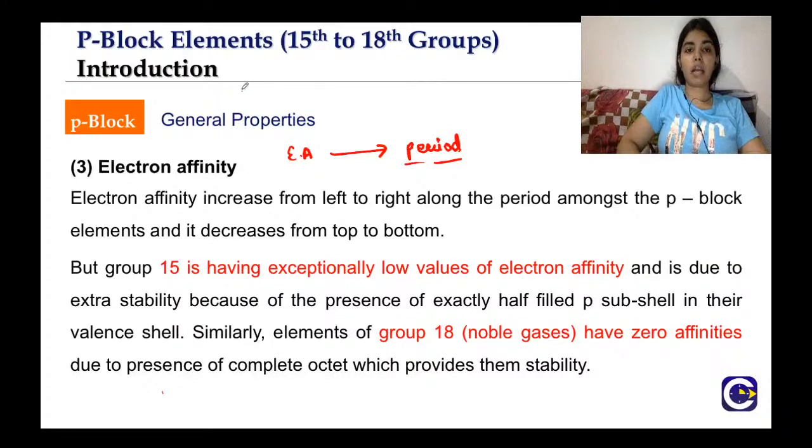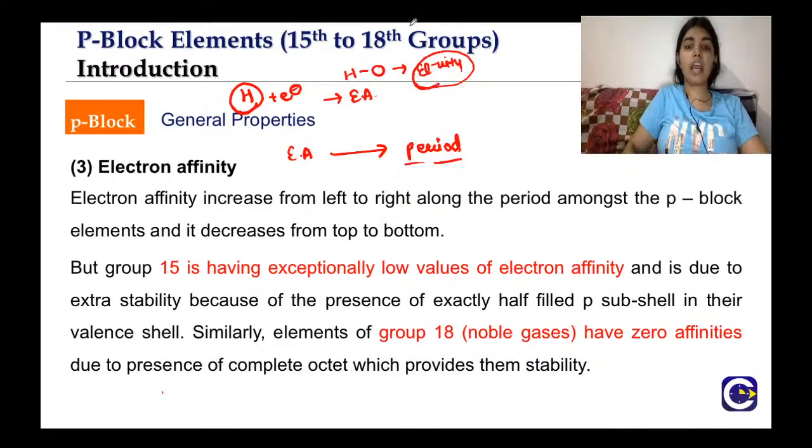So, if an isolated gaseous hydrogen atom is gaining an electron, it will be termed electron affinity, right? But if you say a hydrogen and oxygen bond, then you talk about electronegativity, that oxygen has a greater electronegativity. This means the tendency to attract the shared pair of electrons between oxygen and hydrogen is more towards the oxygen. I hope I am clear.